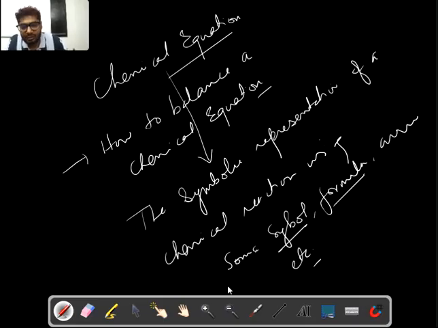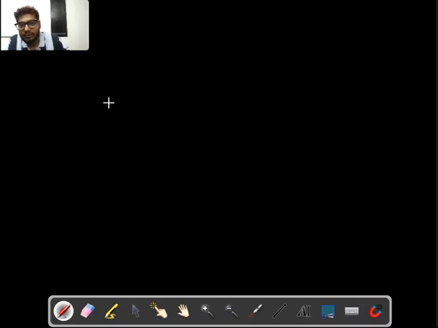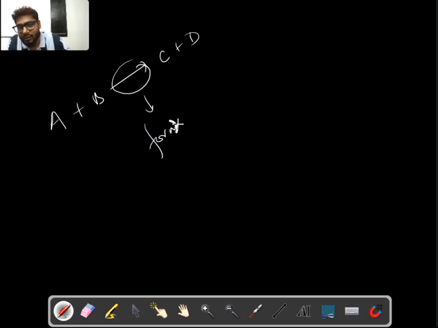It will be like this. See, there's an arrow. Suppose this is a reaction A plus B, arrow, C and D. This arrow represents a forward reaction, when the two reactants are reacting together. In an arrow we have a tail side, and that side represents the reactants.